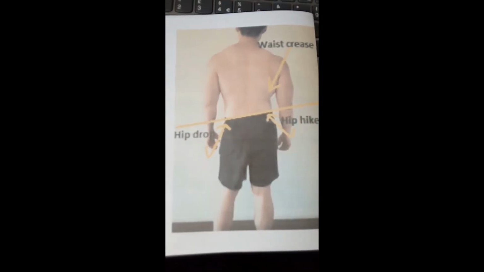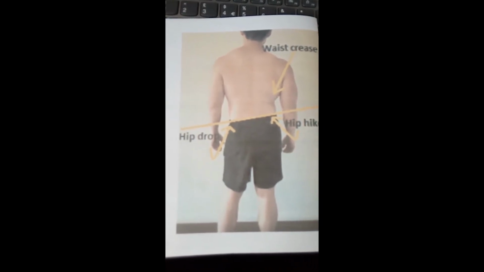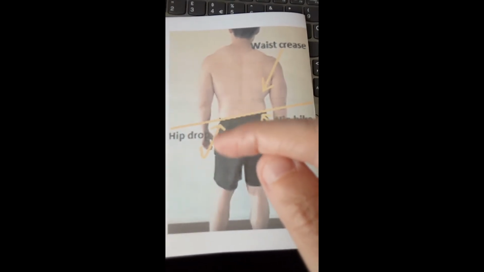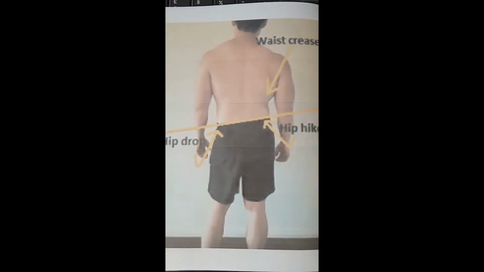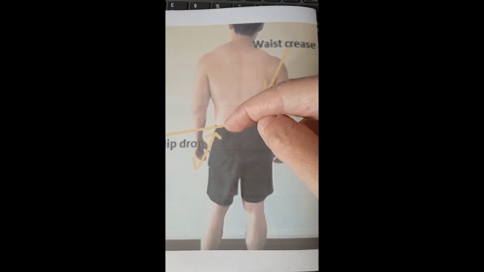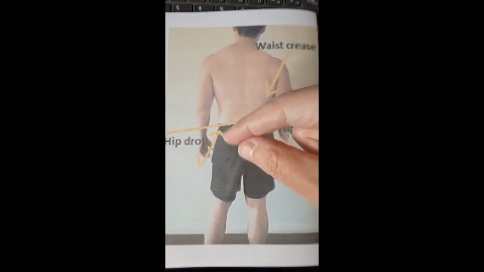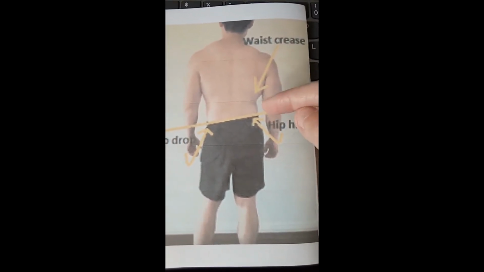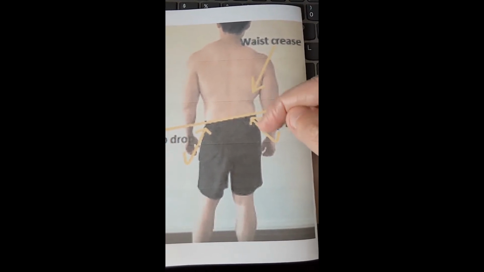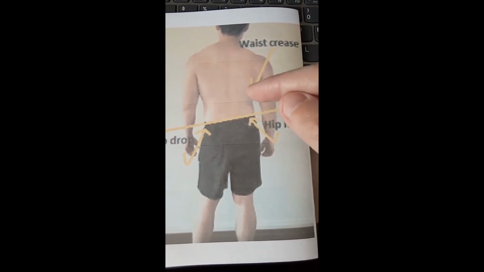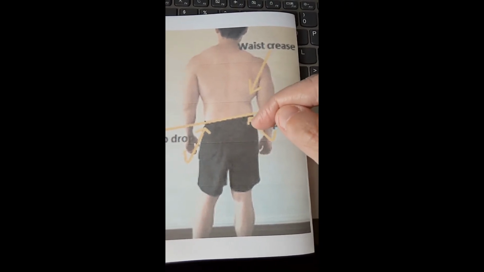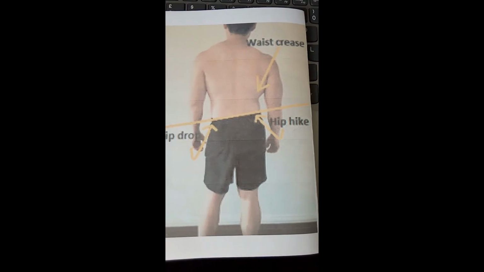So it could be a weakened psoas, weakened glutes around the outer hip, or a weakened QL, which obviously then becomes lengthened, and hence the hip drops down. Whereas on this side, where you've got the hip hike, there's going to be tightness in that QL, in the hip flexors, the psoas at the front, and also possibly around these glutes on the outer hip.